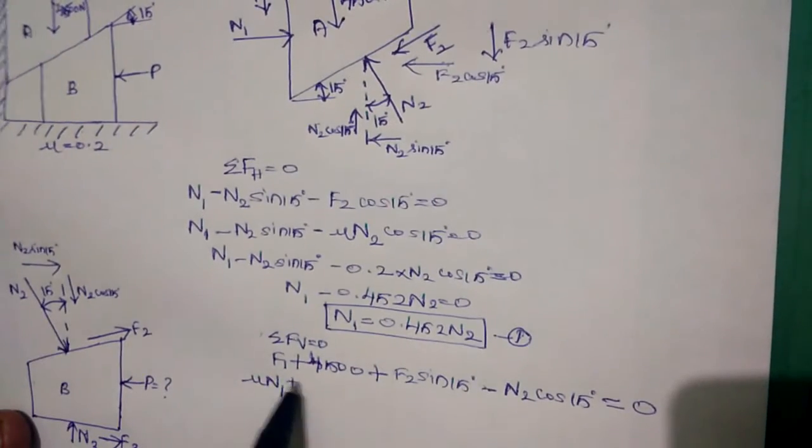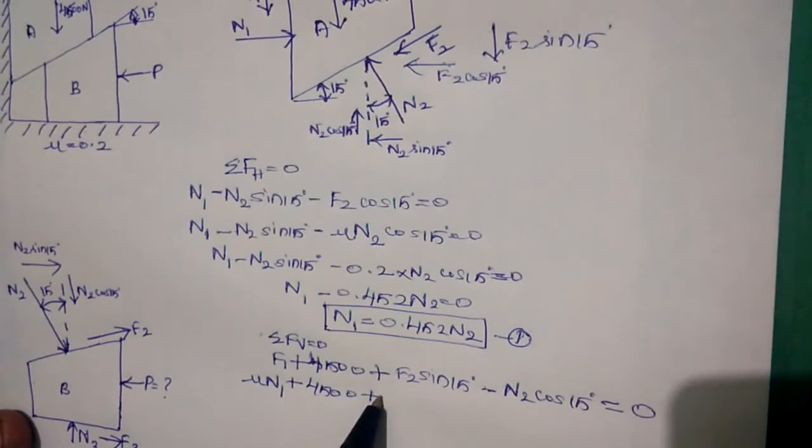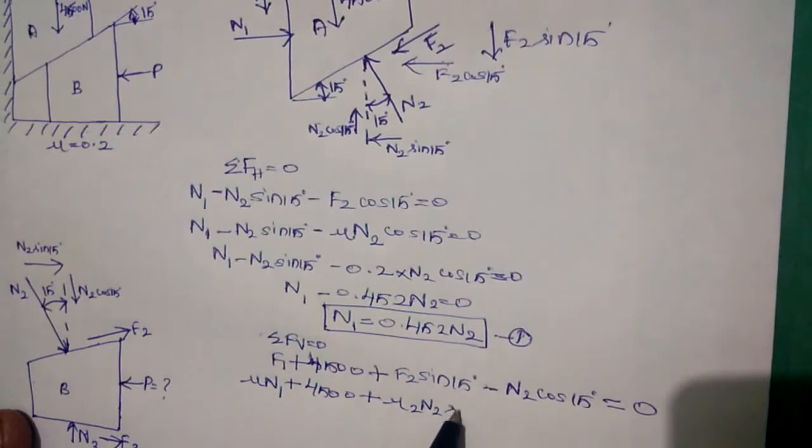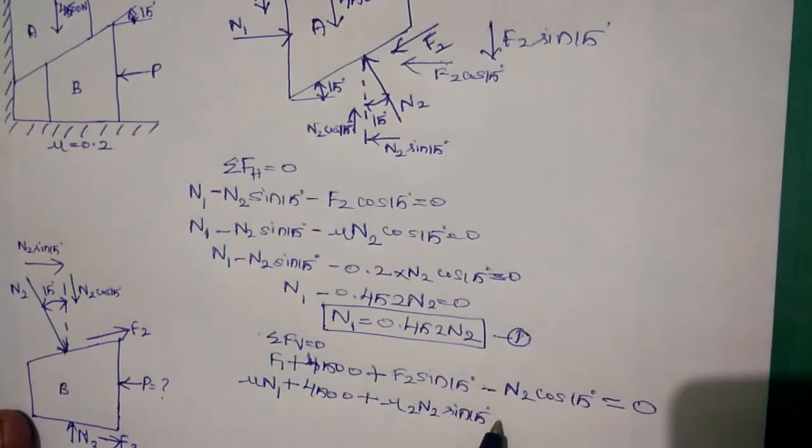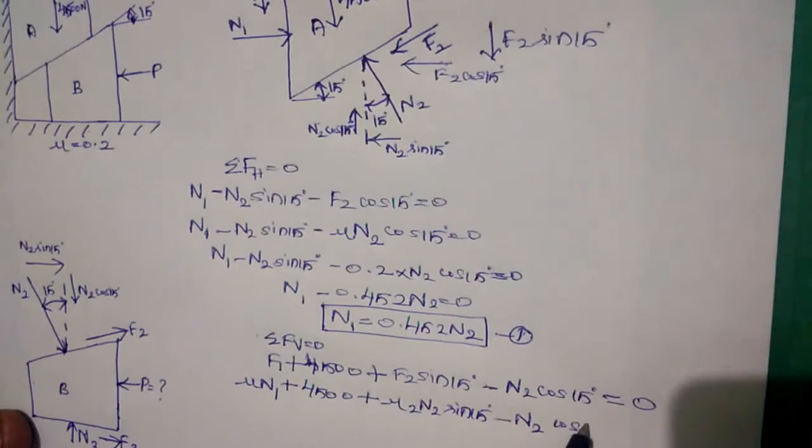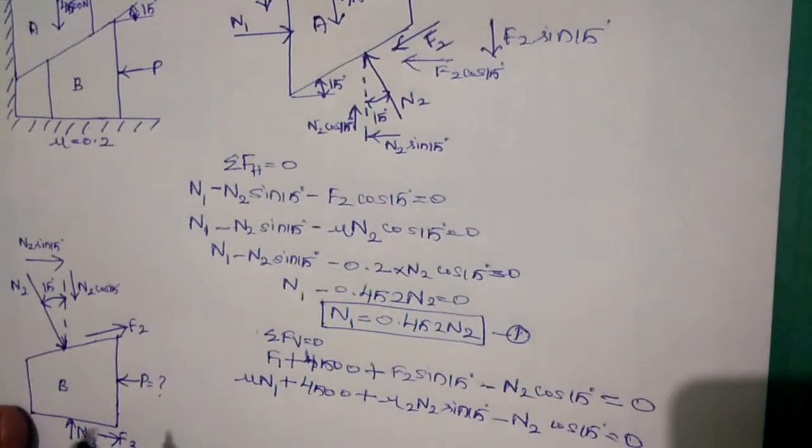F1 can be written as mu N1, plus 4500, plus mu N2 sin 15 degree, minus N2 cos 15 degree is equal to 0.